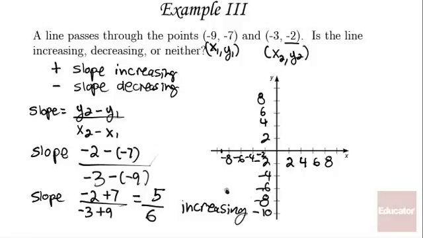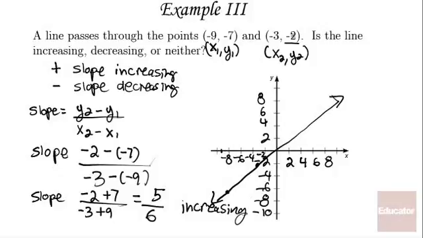And my second set of points is negative 3, negative 2. So an x value of negative 3, a y value of negative 2. So I have 2 points, and when I connect them, I see that it verifies what I found out by determining the slope, and that this line is increasing as I go from left to right.